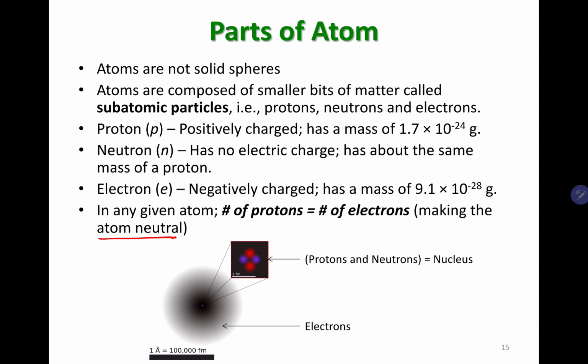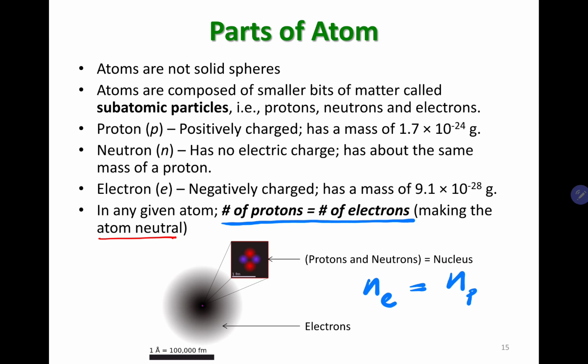You have to take them in equal amounts, of course, right? You take the same number of protons as the number of electrons. When you have the same number of negative charges and positive charges, they cancel out each other, and then the overall atom will be neutral. So the number of electrons should be equal to the number of protons.